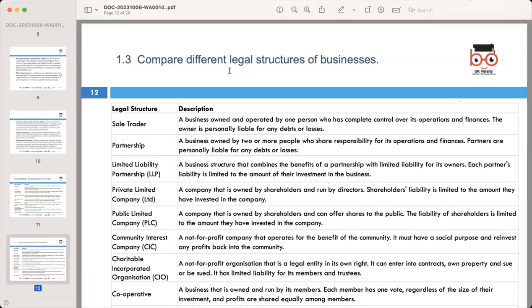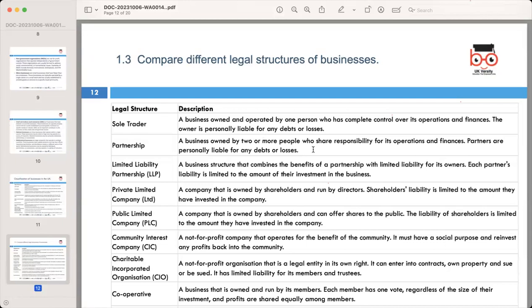They serve customers in their immediate area, which could be a neighborhood, town, or small region. The person has complete control over operations and finance. So the owner is personally liable for debts and losses.